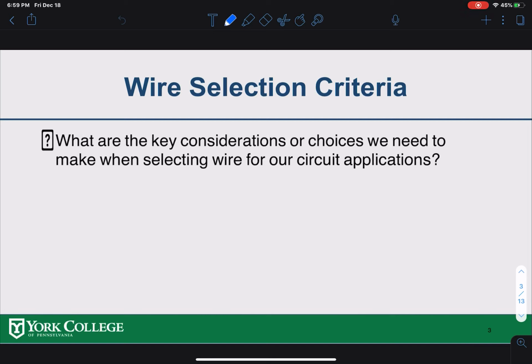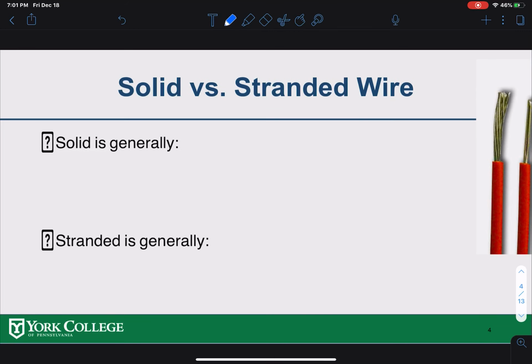So solid versus stranded. You can see from here that we have two pictures, one stranded, one is solid. So what are the advantages and disadvantages of solid and stranded?